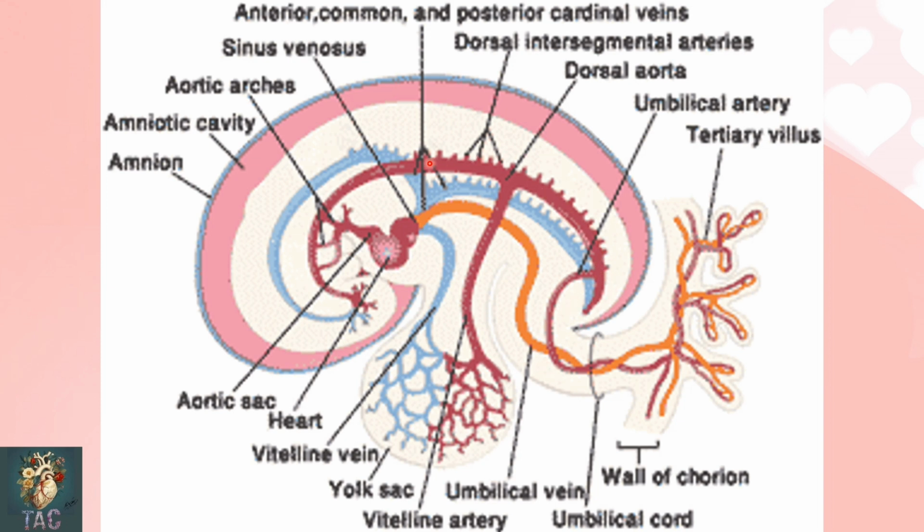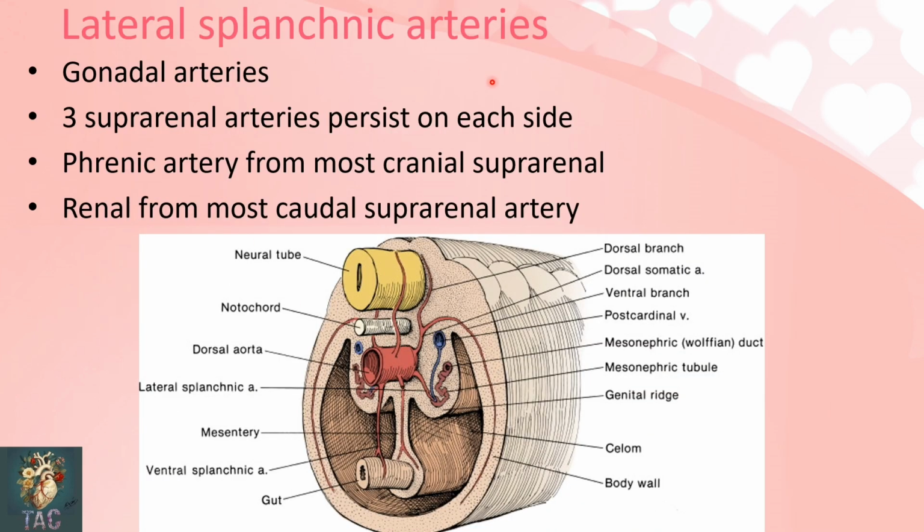Here you can see different intersegmental arteries, also called the somatic arteries as well. And here you can see these are the vitelline arteries which are coming to the yolk stalk. So lateral splanchnic arteries, you can see in this diagram. This one the somatic or intersegmental, and this one is the lateral splanchnic branch.